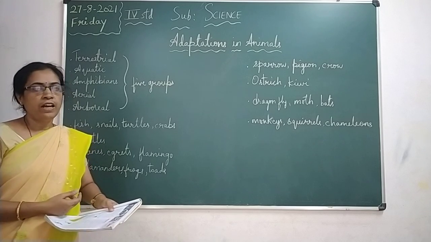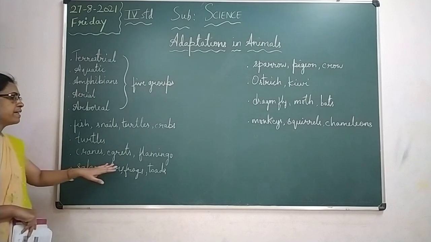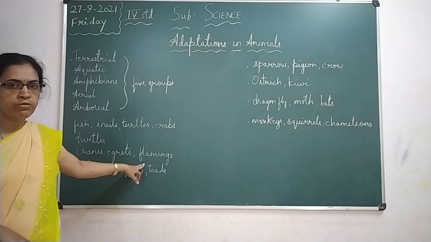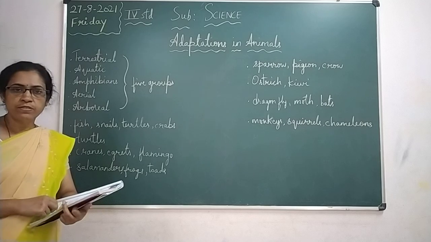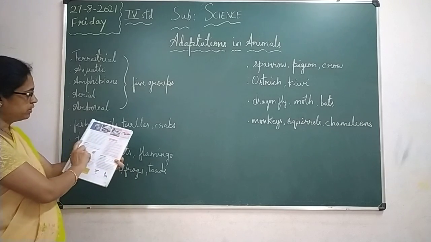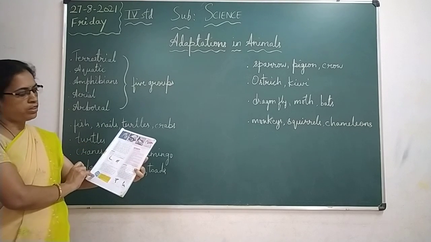Not only that, they have long beaks also to catch the fish under the water. You can see the picture here. So the ducks have webbed feet which help them to swim in the water.